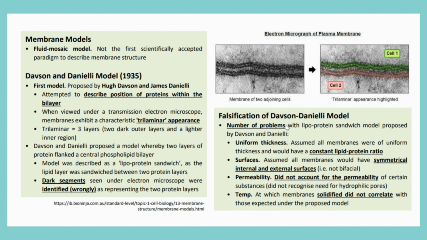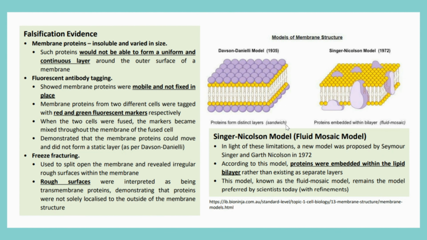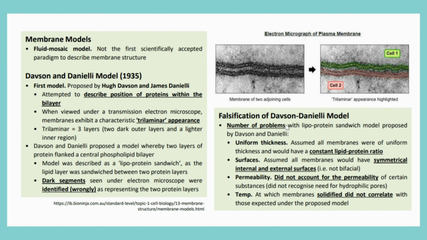Now, membrane models. As you will learn in this chapter, there were two models that are extensively discussed: the Davson and Danielli model, which is also known as the lipoprotein sandwich model, and the Singer Nicolson model, which is also known as the fluid mosaic model.